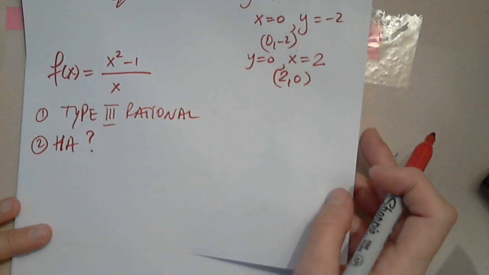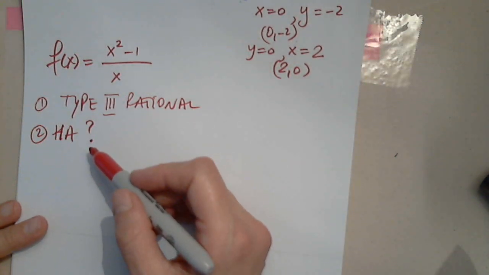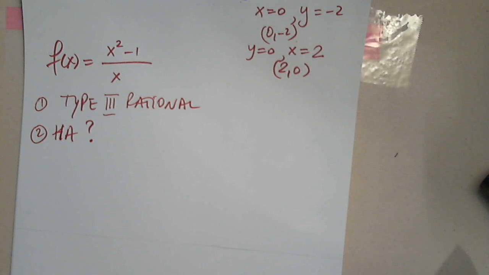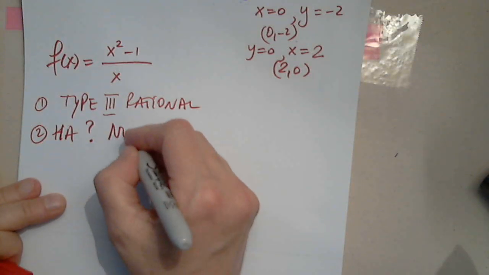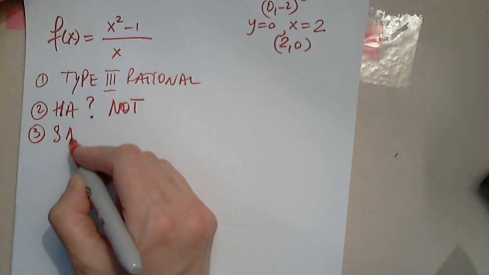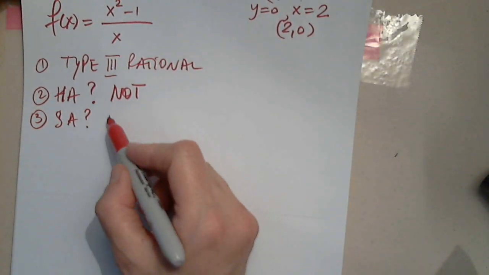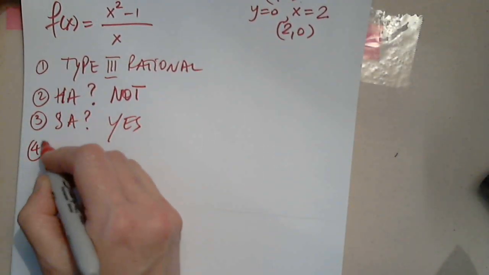Does it have a horizontal asymptote? No, it does not. Very good. And number 3, slant asymptote? Yes. And number 4, find it.